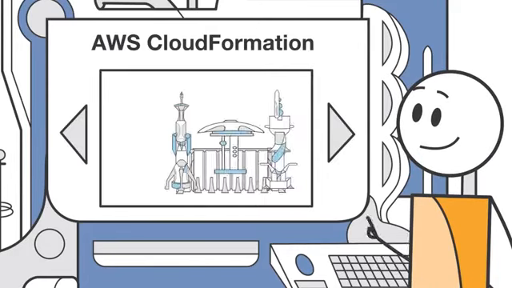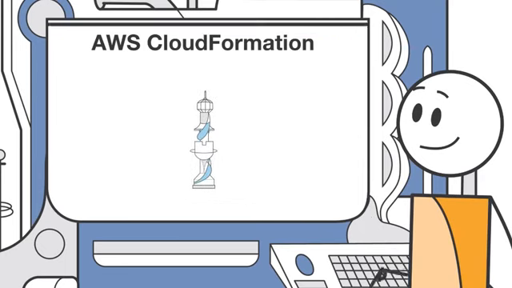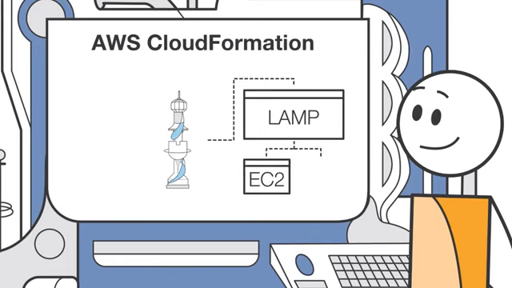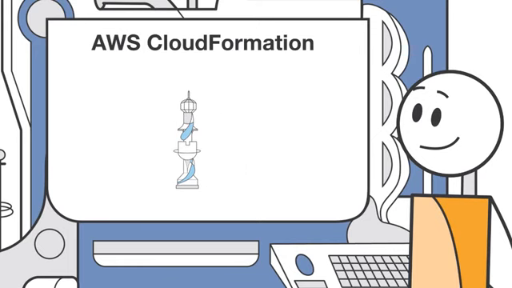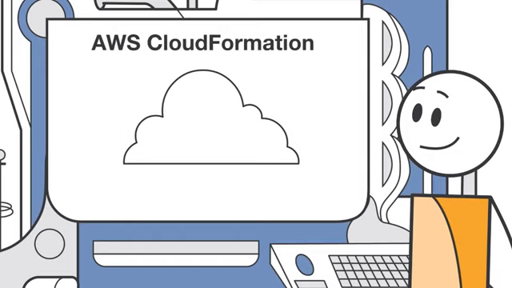Or you can select a sample pre-built template that Cloud Formation provides for commonly used architectures, such as a LAMP stack running on Amazon EC2 and Amazon RDS. Next, you just upload your template to Cloud Formation. You can also select parameters such as the number of instances or instance type if necessary. Then, Cloud Formation will provision and configure your AWS resource stack.